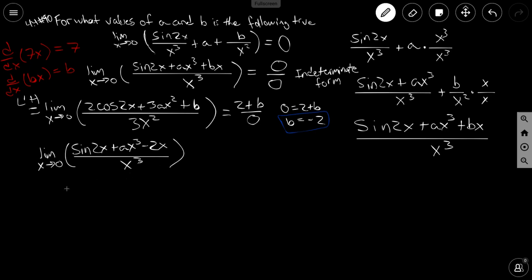All right, so if you plug in 0, you're going to get 0 over 0 again. This is indeterminate form, so you can go ahead and apply L'Hopital's rule.